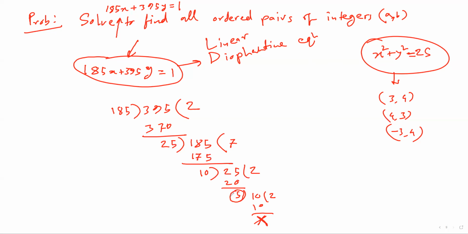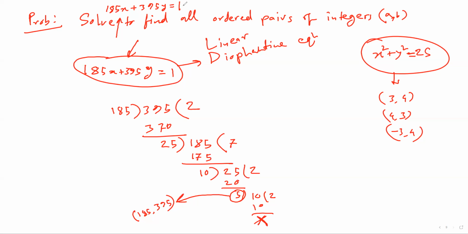So the last iteration's divisor is the GCD of 185 and 395. Now, okay, let's edit the question a little bit to make it a little easier to solve.